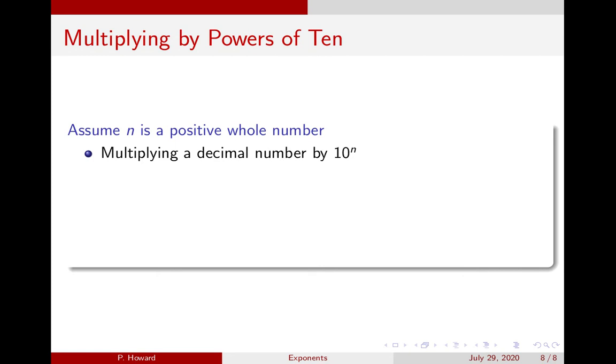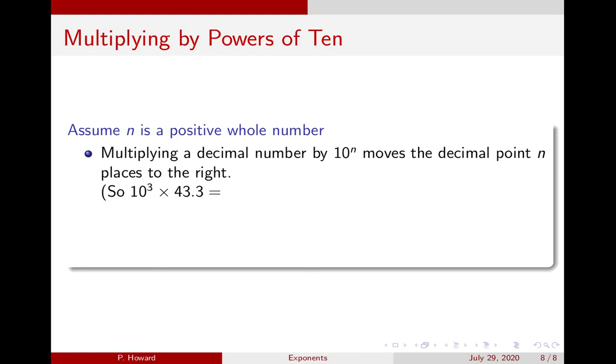I want to say a few words before the video ends about multiplying a decimal number by a power of 10. So we're assuming on this slide that n is a positive whole number: 1, 2, 3, 4, and so on, one of those. So how do you multiply a decimal number by 10 to the n? As you probably know, you move the decimal point n places to the right.